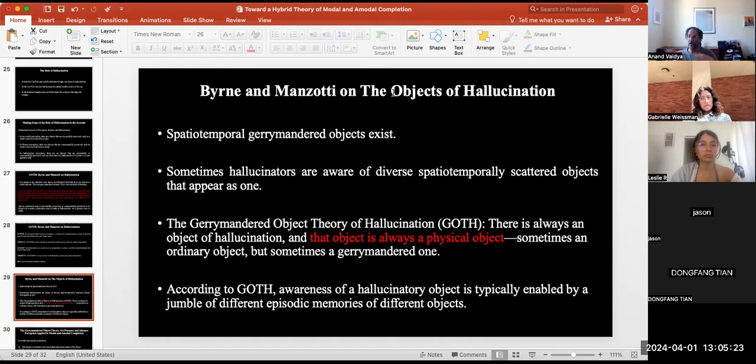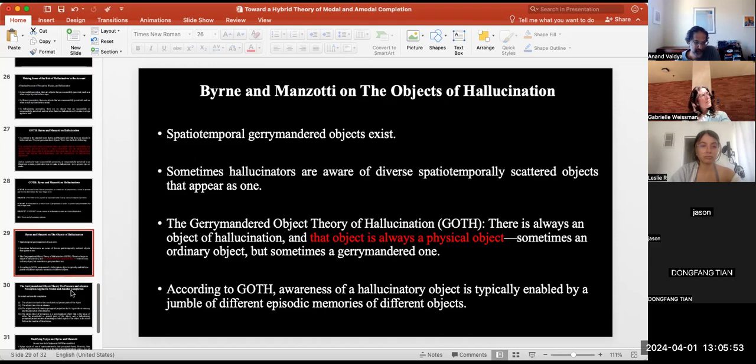So you either have continuity in space, discontinuity in space, continuity in time, discontinuity in time, but more importantly, in both those cases, you're having a physical object that you're interacting with. And then the stitching goes across the space and the time, okay? So according to Goff, awareness of a hallucinatory object is typically enabled by a jumble of different episodic memories of different objects. Good, okay, getting close.